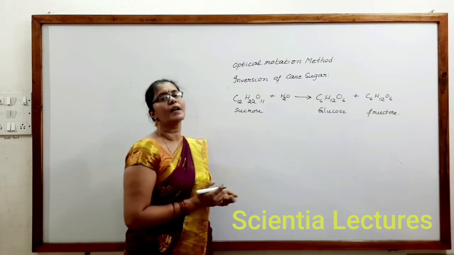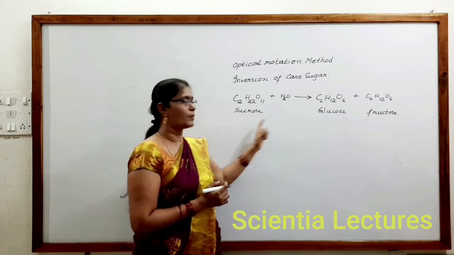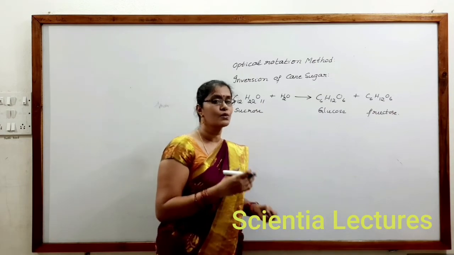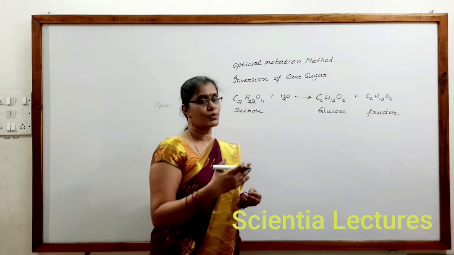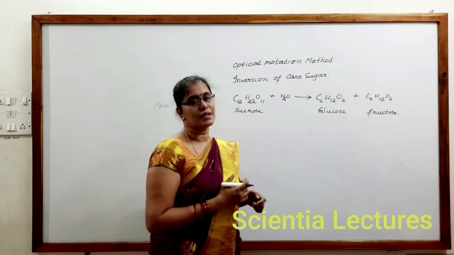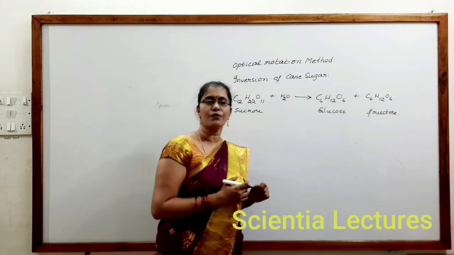Therefore, it is called inversion of cane sugar. As the reaction proceeds, the D form is getting converted into the L form. That is called inversion.